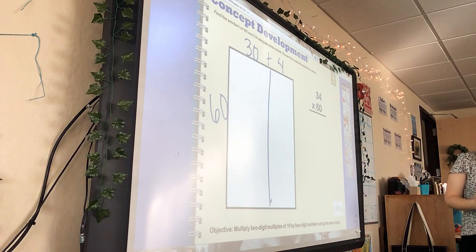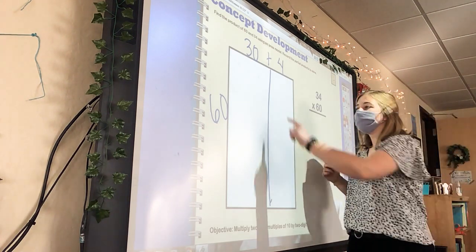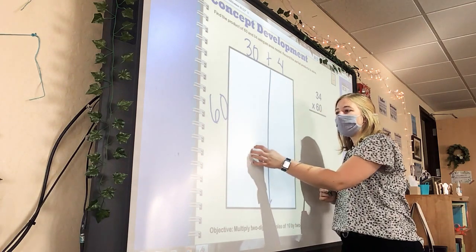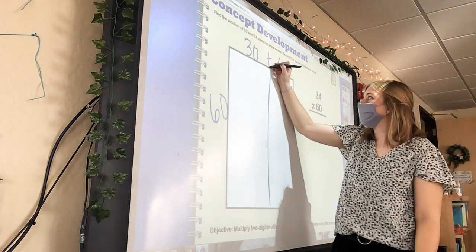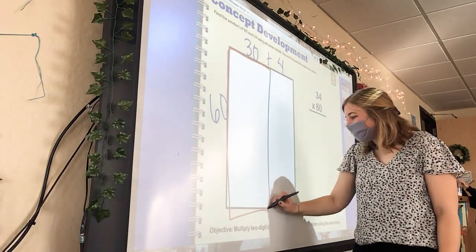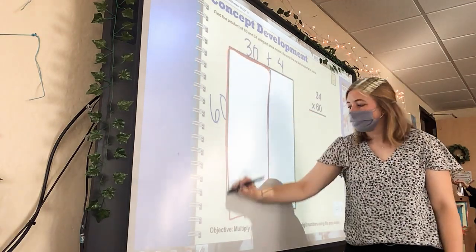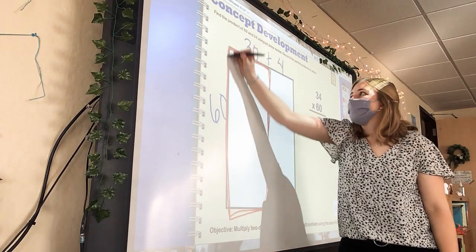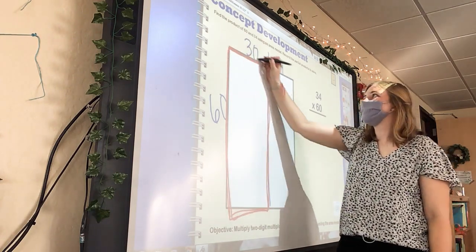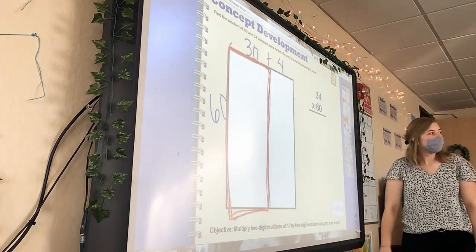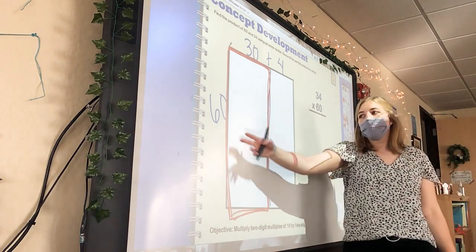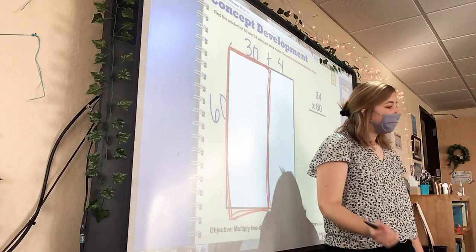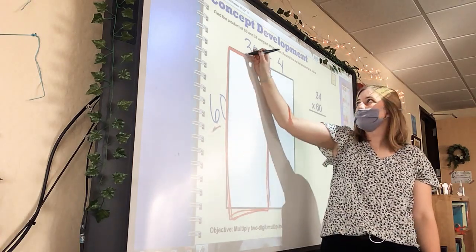Yeah. Okay, so again, I can find the area of just this small rectangle by multiplying the length and the width, right? So what's the length, class? 60. 60, good. So if the length is 60, what's the width, class? 30. 30, good. So remember, I can multiply multiples of 10 together easily by multiplying the front numbers, okay?